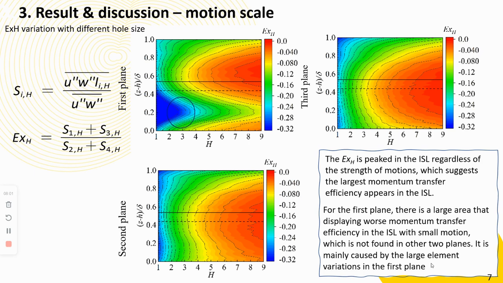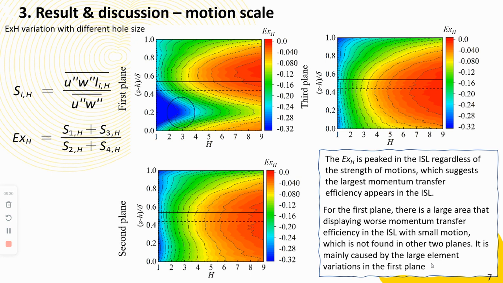And from this figure, we can see that with the height increasing, the momentum transport efficiency increases, and the largest momentum transport efficiency appears in the ISL, in the solid line and dashed line in this area.